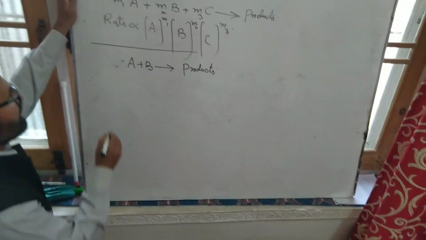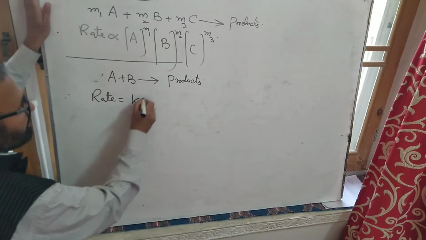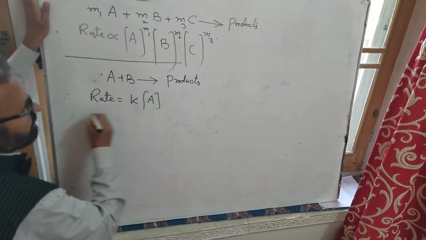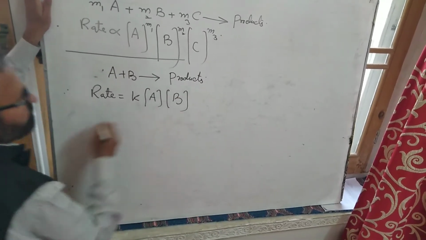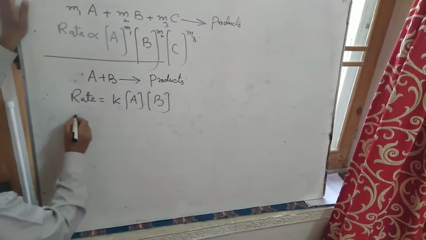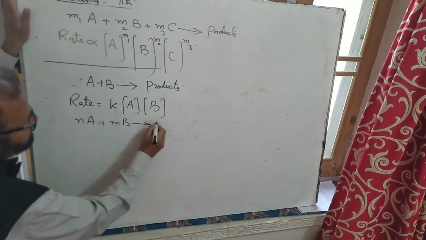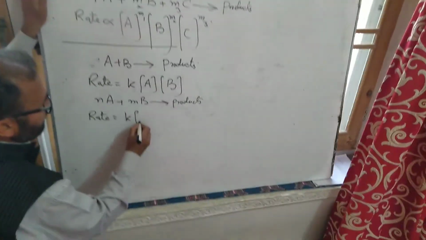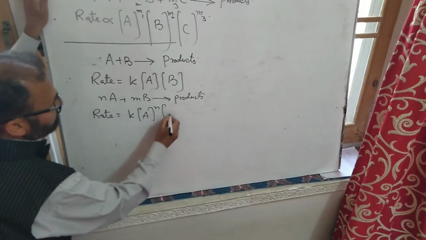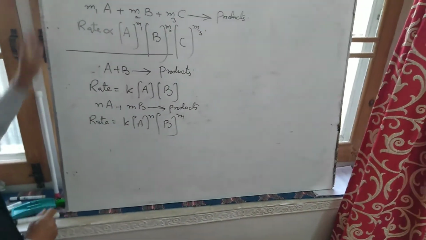For A plus B gives products, as per the law of mass action, rate is equal to K, concentration of A into concentration of B. Now if I write another equation, N times A plus M times B gives products, then rate is equal to K, concentration of A raised to power N, concentration of B raised to power M, as per the law of mass action. This N and M are the stoichiometric coefficients of the chemical equation.